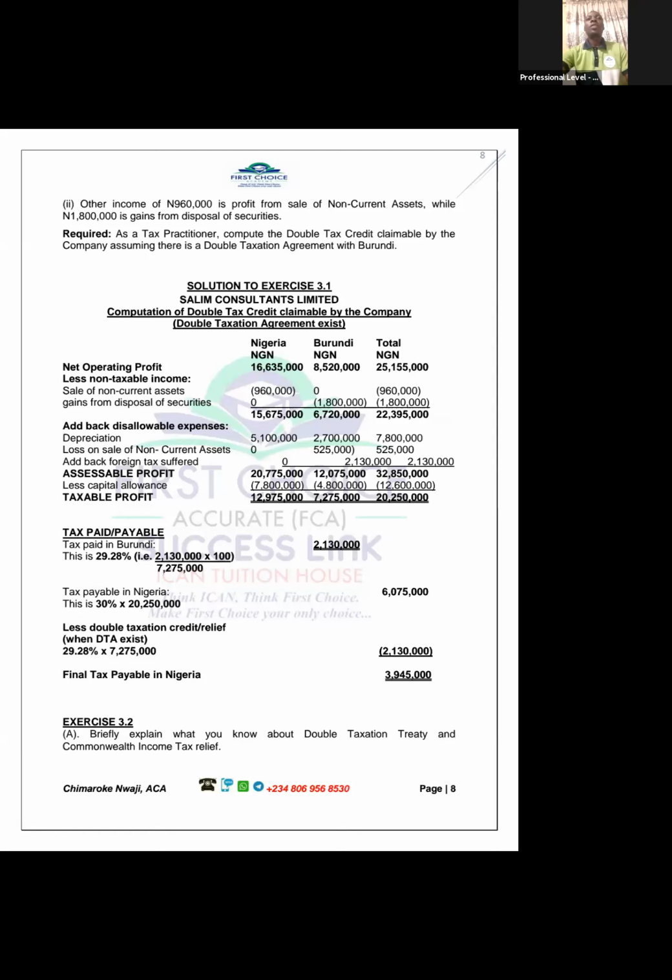Okay, a double taxation treaty, whenever foreign income is earned and repatriated to the home country, there are tax implications involved. And this implies that the foreign income earner pays a tax, both in the foreign land where his business is domiciled, and in his home country.